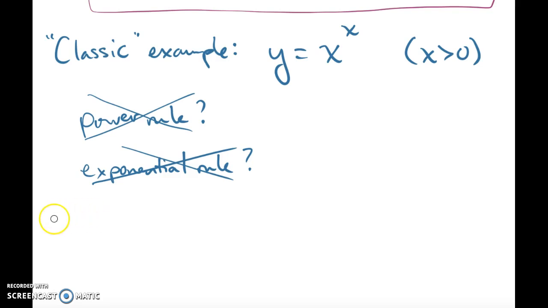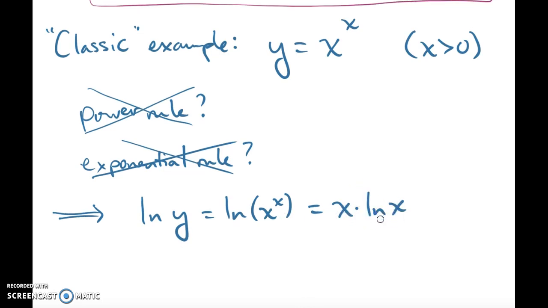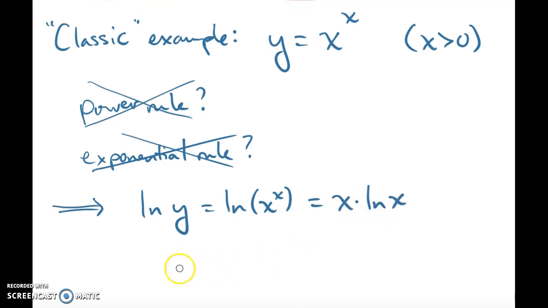But what you can do is use logarithmic differentiation. So natural log of y equals natural log of x to the x, which is the same as x times natural log of x. And so the derivative would be 1 over y dy dx equals, I'm going to use the product rule here.